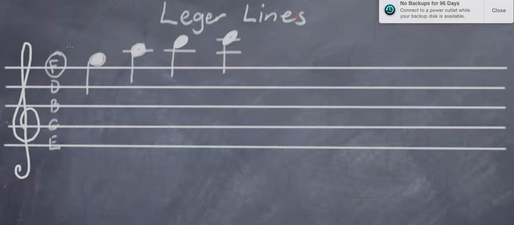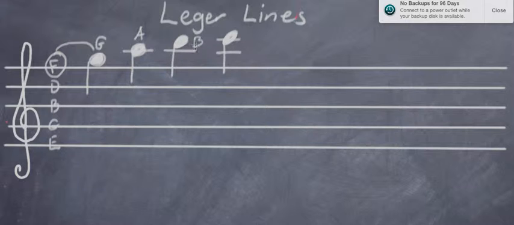If this is our F line and we're stepping into the space above our F line, it becomes G, because the next letter in the alphabet is G after F. Therefore, if we're going on to our first ledger line, the next letter on from G, in the musical alphabet we repeat back to A after G, so this is in fact going to be A. If we go on to the space above our first ledger line, this is going to be B, because B comes after A in the musical alphabet.